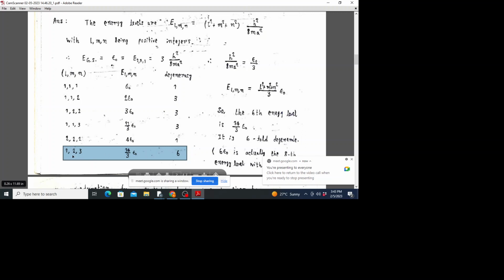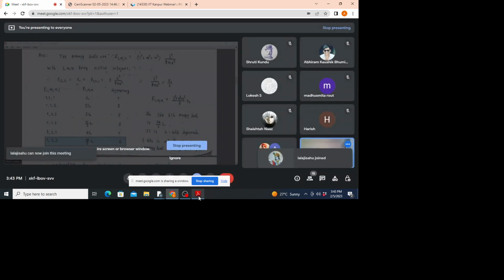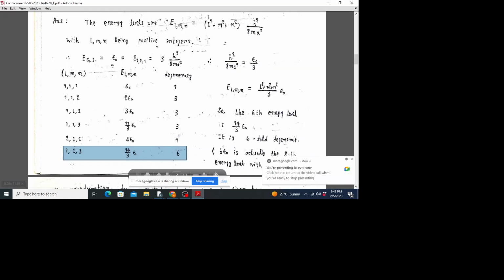We have defined values for L, M and N, and we can take all the permutations. Three distinct values can be permuted in 3 factorial, meaning 6 ways. So that is why the degeneracy is 6. Like I have written just 1, 2, 3, you could have written also 1, 3, 2, then 2, 1, 3, then 2, 3, 1, then 3, 1, 2, and 3, 2, 1.